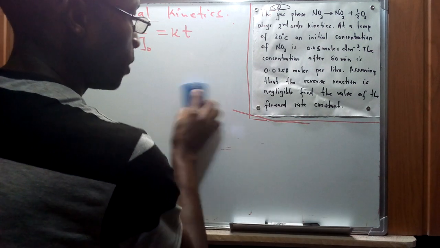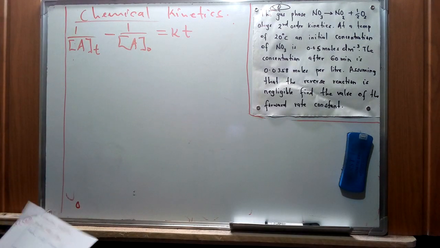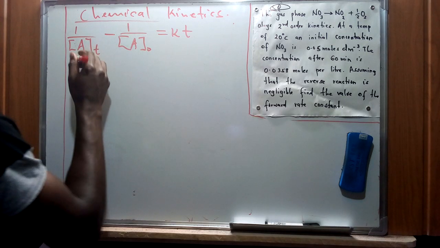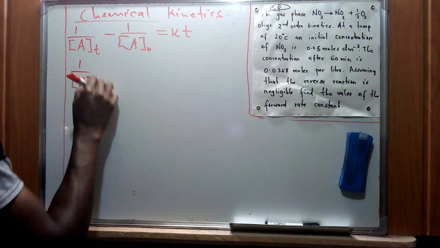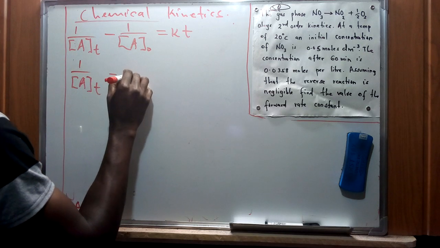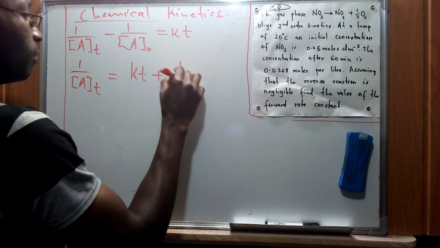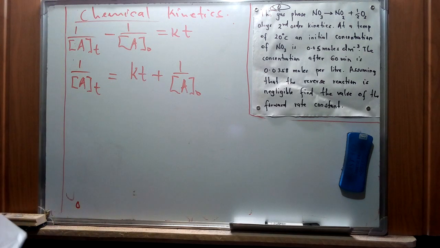If you try to look at this equation, it is analogous to the equation of a straight line. If you do a rearrangement for this, we'll have 1 over the concentration at t equals kt plus 1 over the initial concentration.